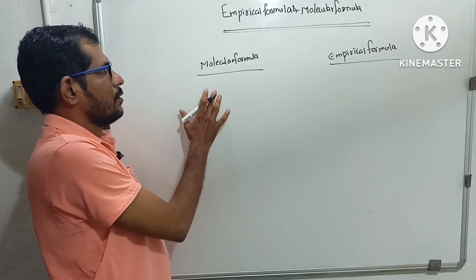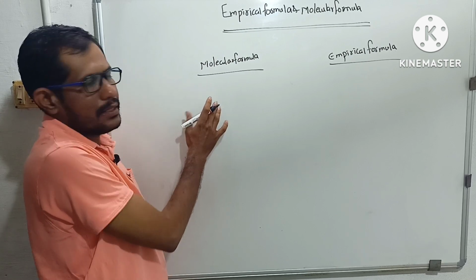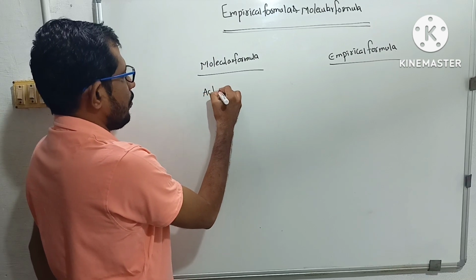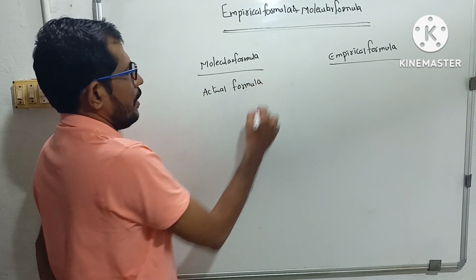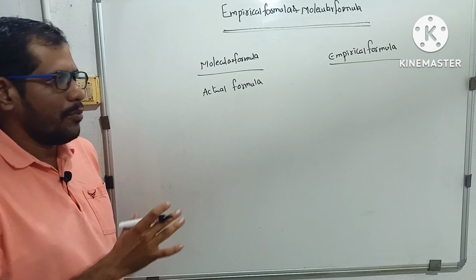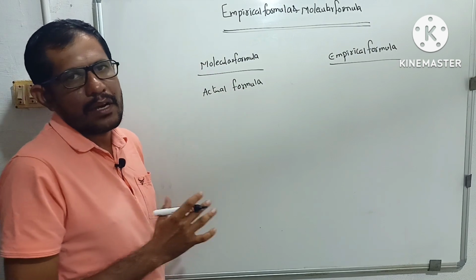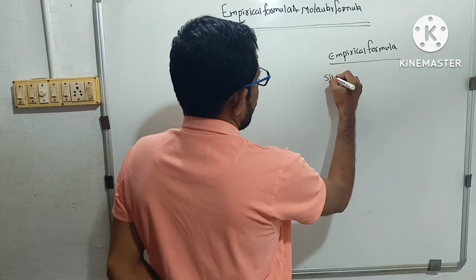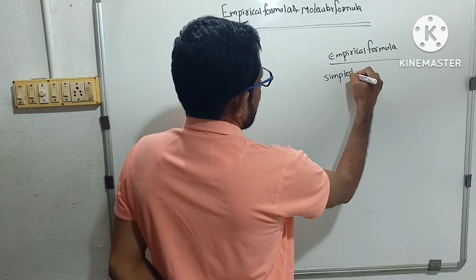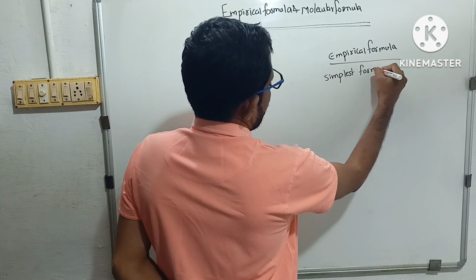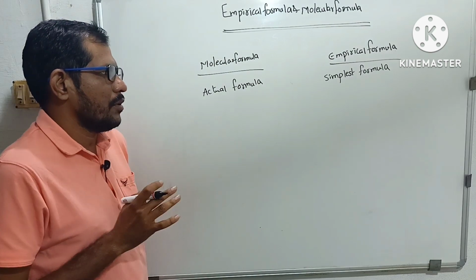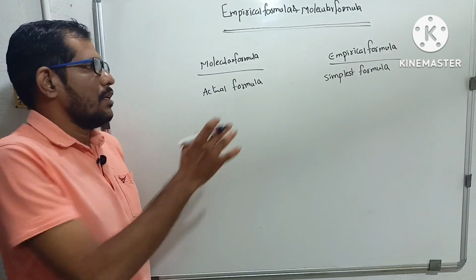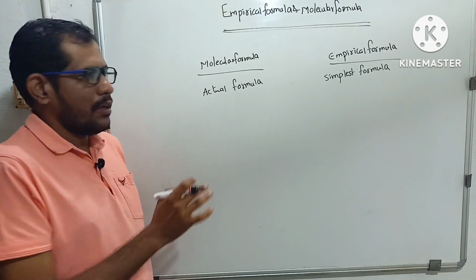Molecular formula is the actual formula of a compound. Empirical formula is the simplest formula of a compound.